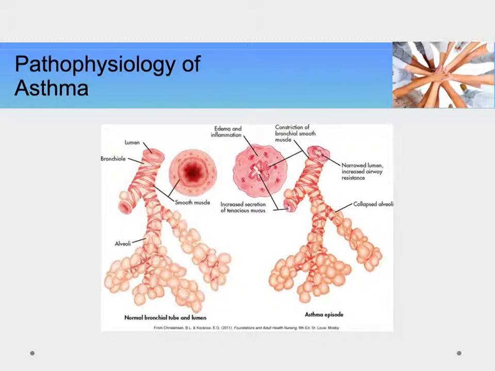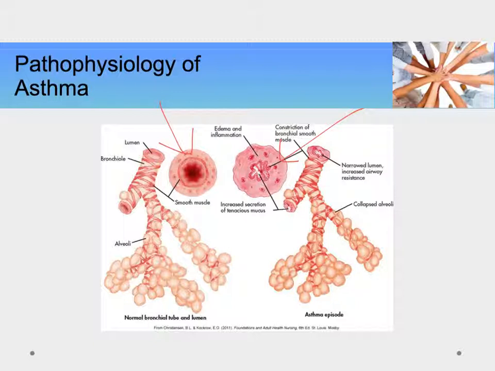This is the same picture that I just drew on that last slide. This is your normal lumen of your bronchioles, that normal smooth muscle. This is the inside of a bronchial tube that has now had that hyperactivity to some kind of trigger they've been exposed to, and now they have that increased secretion, mucus, inflammation, constriction of the bronchial smooth muscle.